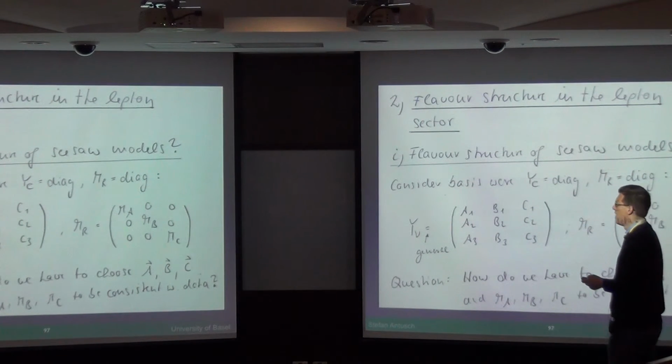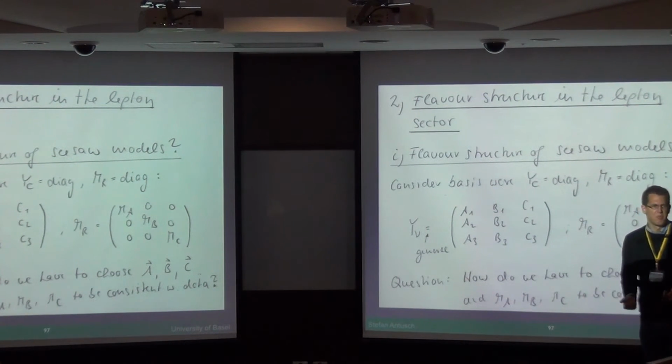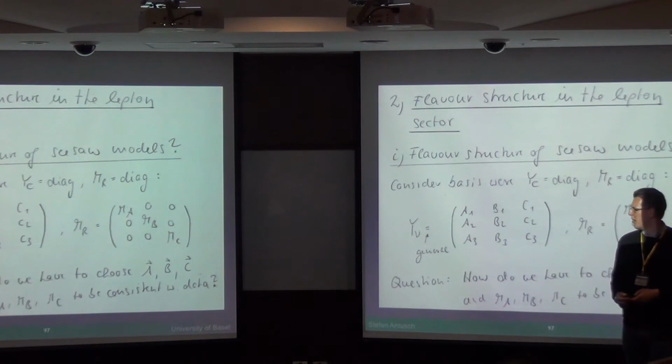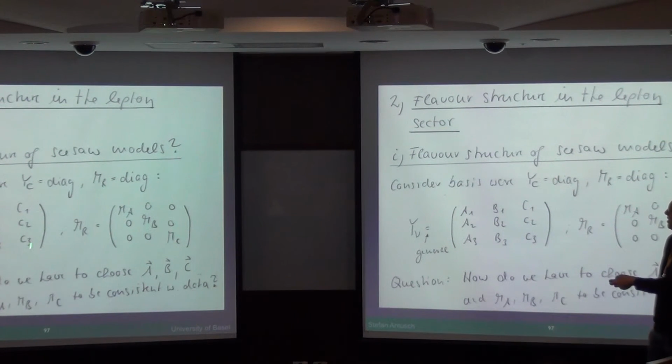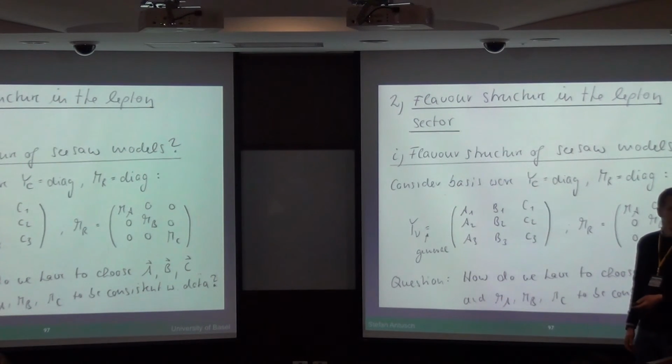But up to now, it's completely general, and when I ask how we have to choose now my A, B, and C vectors here in order to be consistent with the mixing data in the neutrino sector.